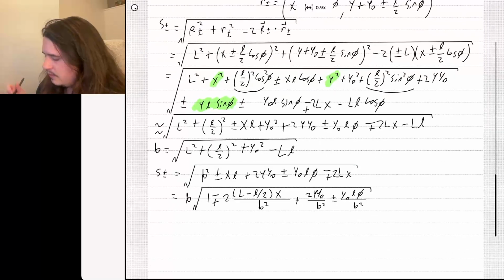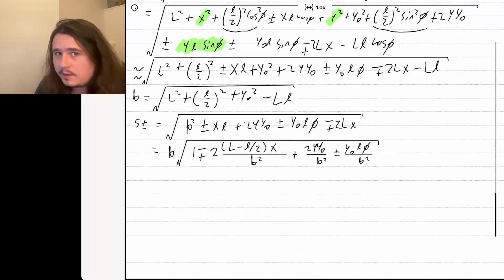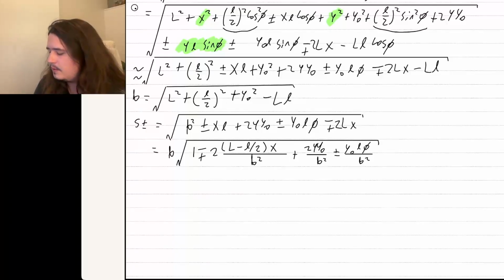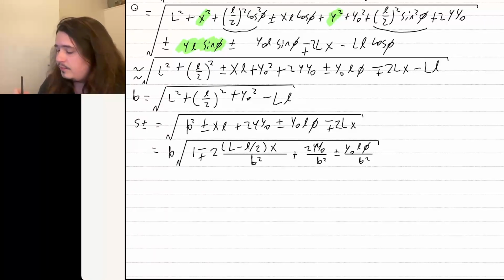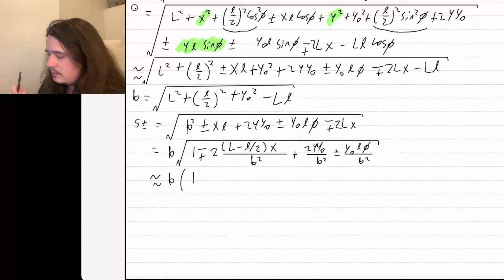So everything that's not 1 in this square root here is said to be a small quantity. So we're doing small oscillations, remember? And b is already the equilibrium length of the spring, so we can definitely say that all these things are small. So that's why we can make the approximation of this is b times 1, and then we just divide everything else by 2.